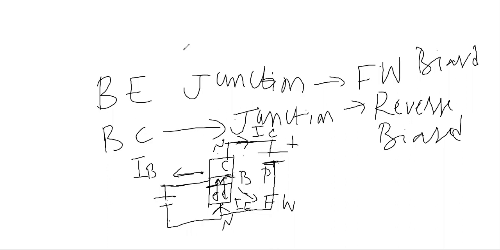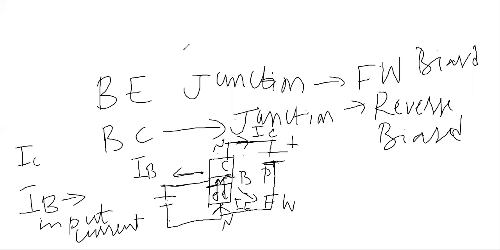We said also IB is the input current and IC is the output current. Here are two voltages which are applied.